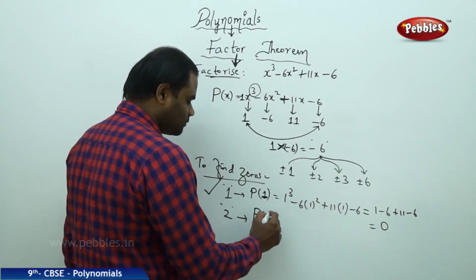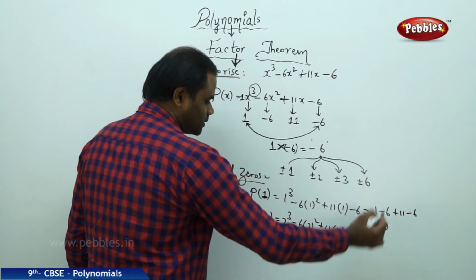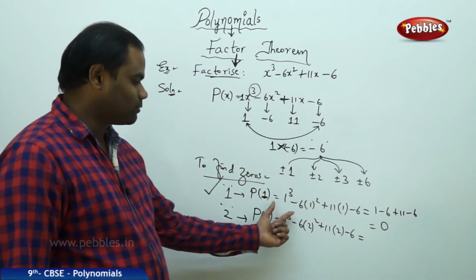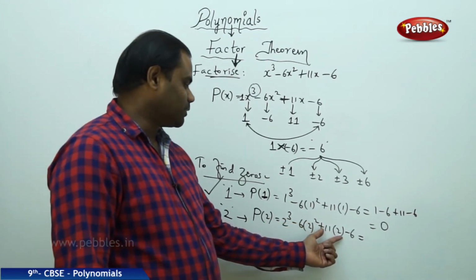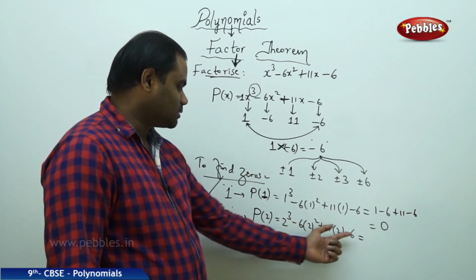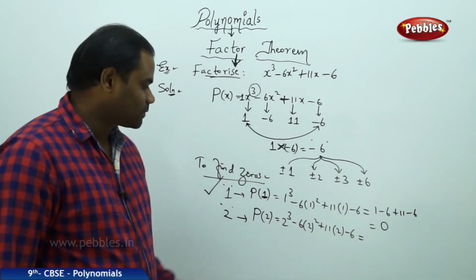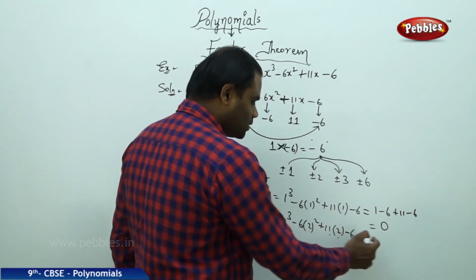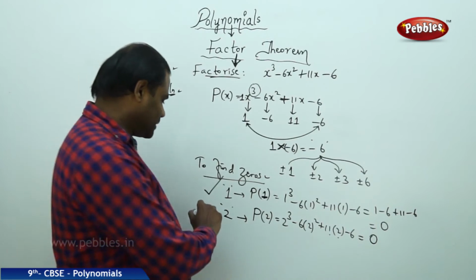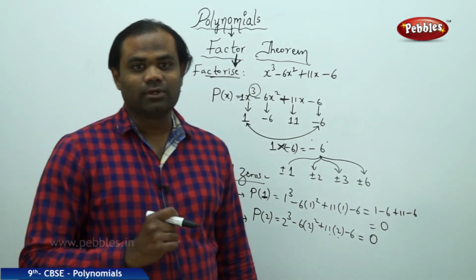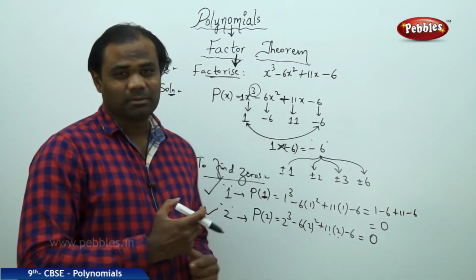So p of 2 is 2 cubed minus 6 times 2 squared plus 11 times 2 minus 6, which on simplification gives 8 minus 6 times 4, which is 24, plus 22, minus 6. That is 8 plus 22, which is 30, minus 30, and therefore I get 0 on complete simplification. Therefore, I clearly identify that x equal to 2 is also a zero of the given polynomial p of x.